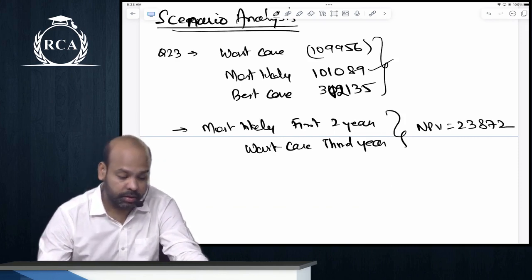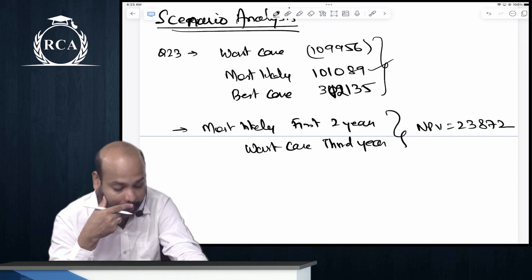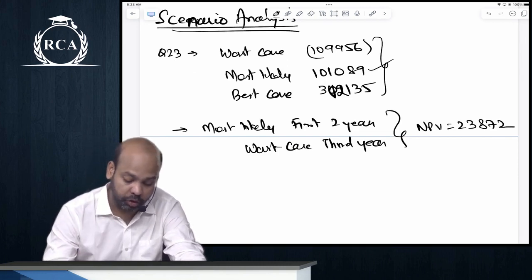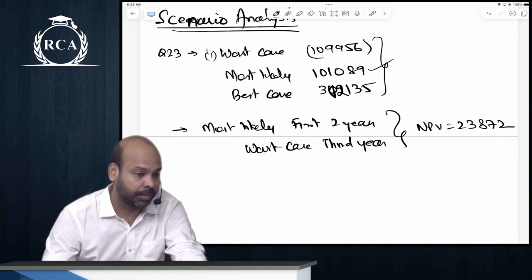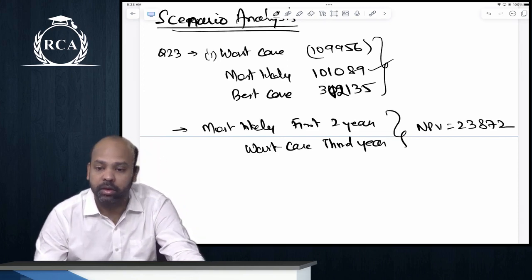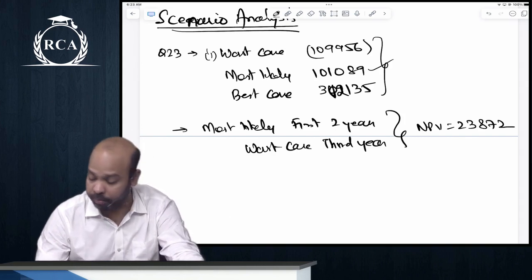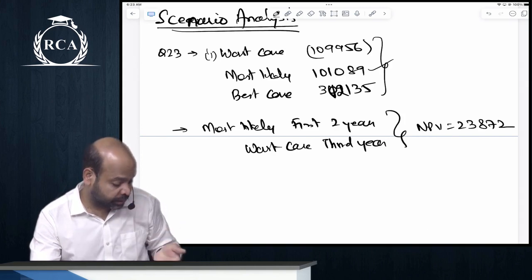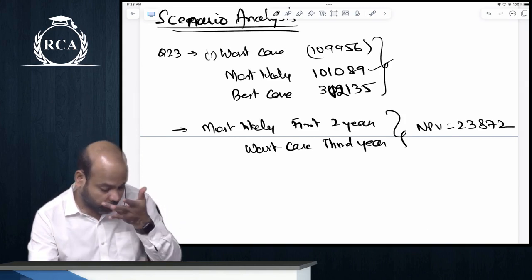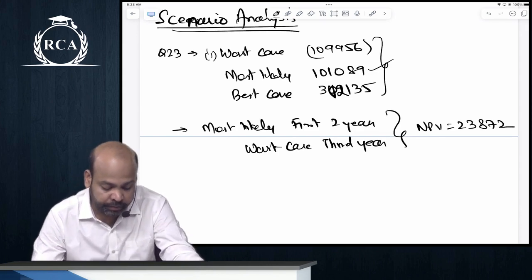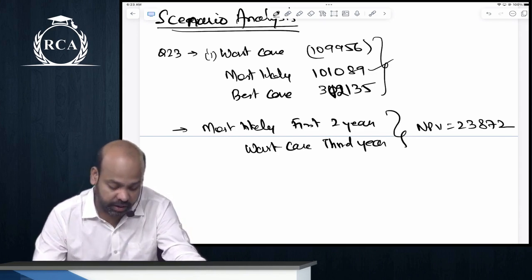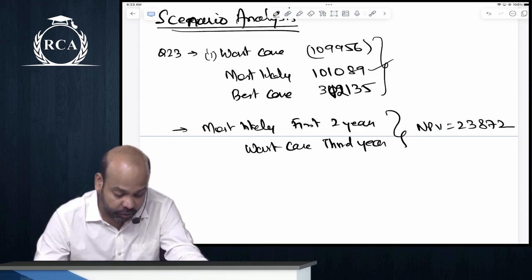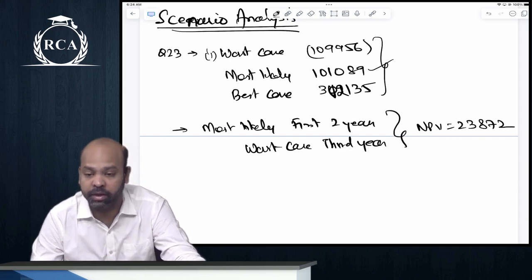Yes, write the conclusion. This conclusion is to the first bit, the NPVs that we computed. The probabilities of worst case, most likely and best case scenario are not given.